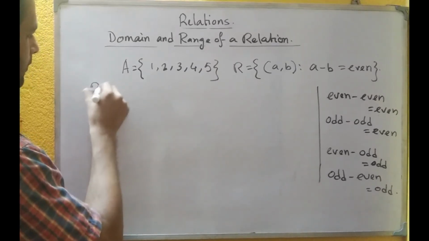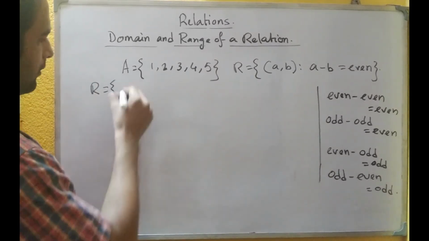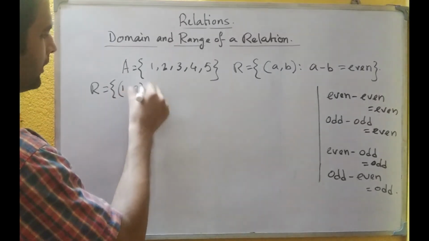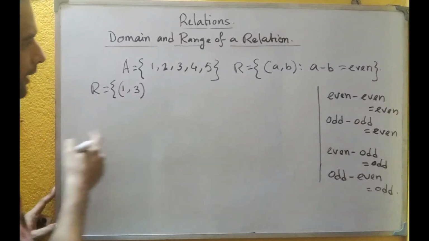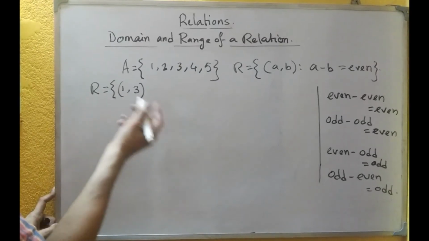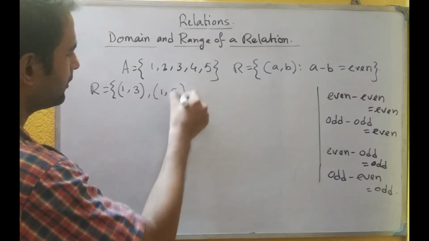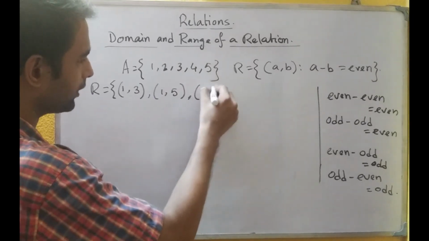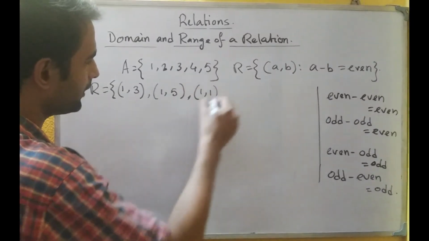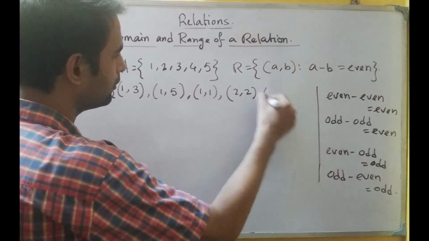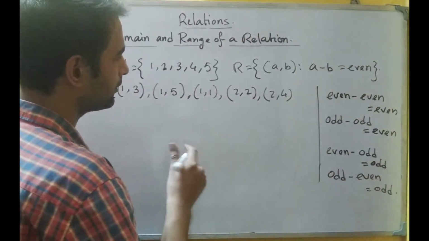You see, with 1, what ordered pairs can we write? With 1 it should be 3 because the difference we need is even. So 1 3, 1 5, and also see there should be 1 1. Similarly, with 2, it should be 2 2, 2 4.